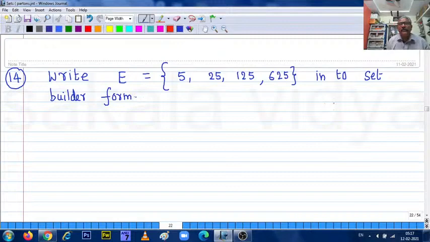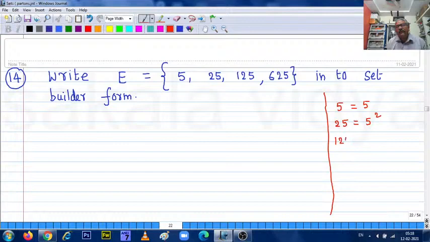So this you check here. We need to check for the property. We need to search for the property of these elements which they possess in the given set E. So that means 5, what do you write? You keep 5 only. 25, you can write 5 square, 5 into 5. 125 is 5 cube. 625 is 5 to the power of 4, you can write.